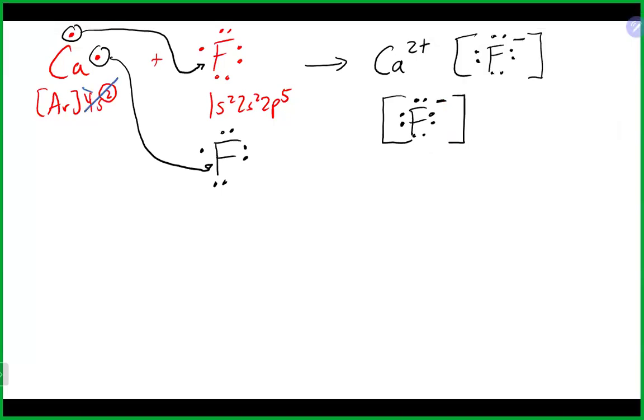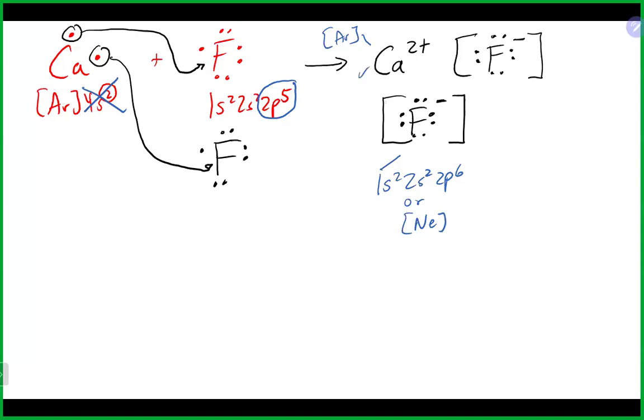Our calcium was able to give away both of its valence electrons, one to each fluorine. That means my calcium did hit the argon configuration by doing so. Now, how much room did each of the fluorines have in its p orbital? It had room for one electron, right? So each of these fluorines ended up with 1s2, 2s2, 2p6, which is 10 electrons, neon's configuration.